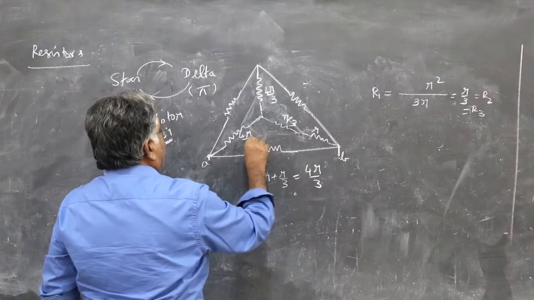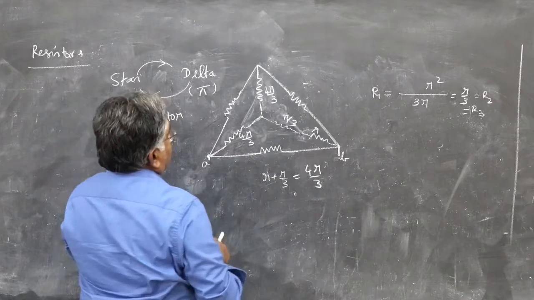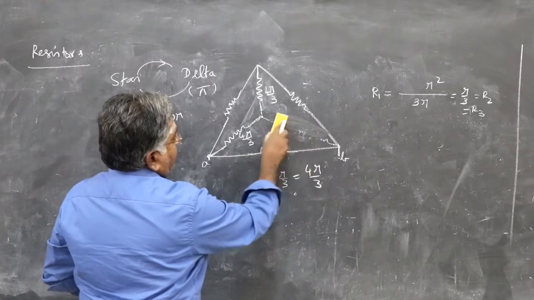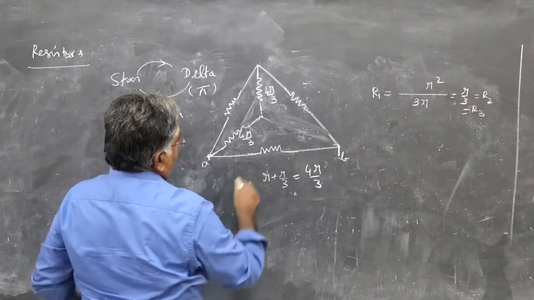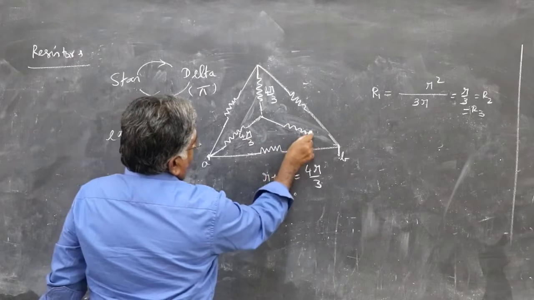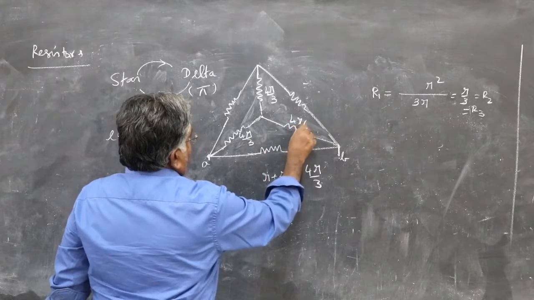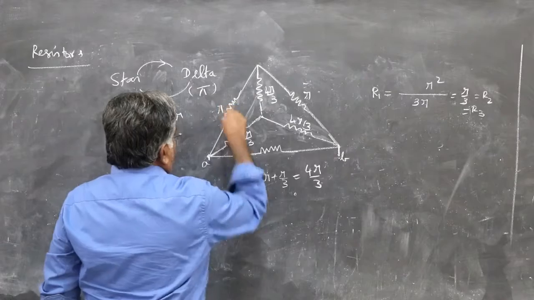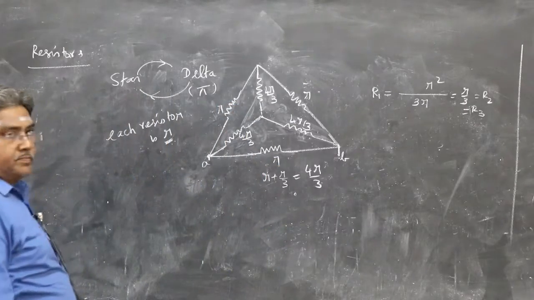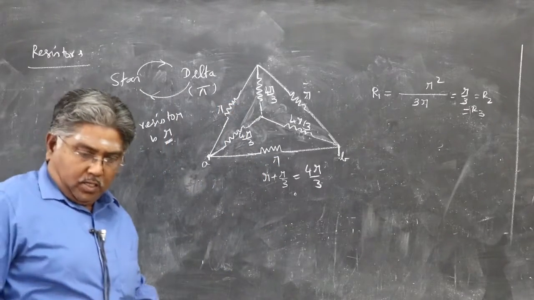Okay, 4R by 3, here also 4R by 3. This is R, this is R, this is R.